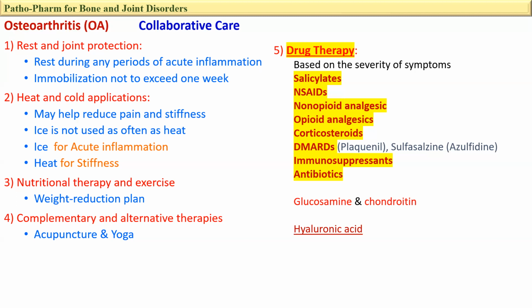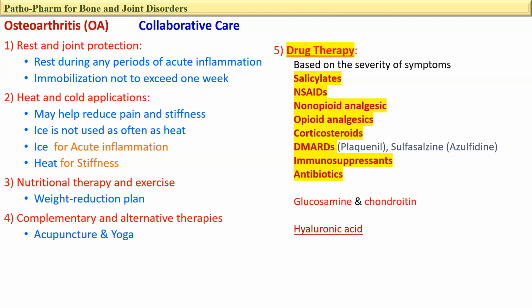So when the joint disease seriously affects their ADLs, it's severe osteoarthritis, and when it fails medical management, replacement of the joint is a last resort, and that's when the patient is eligible for joint replacement surgery. That will also be discussed in adult health 3.